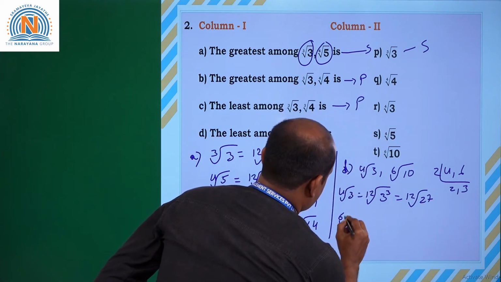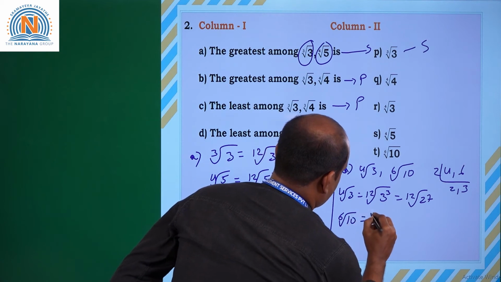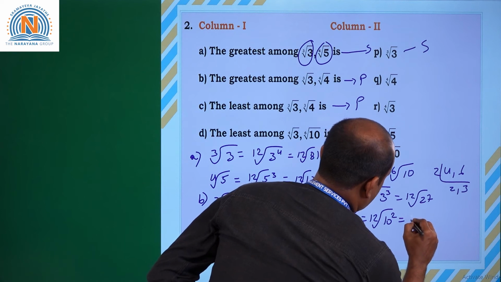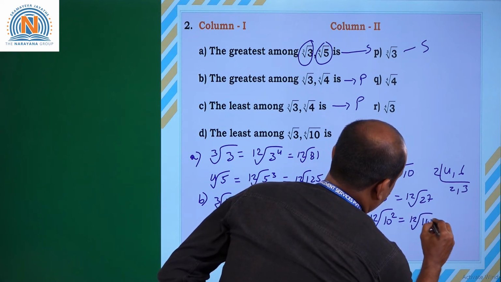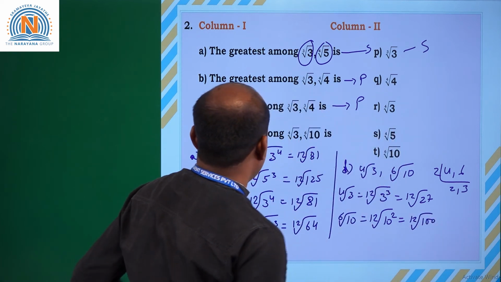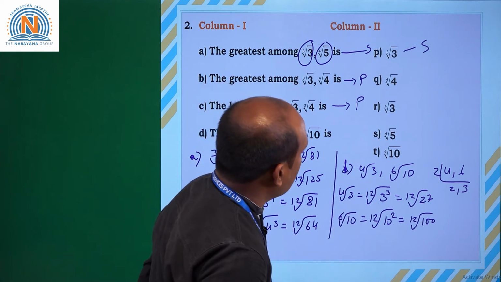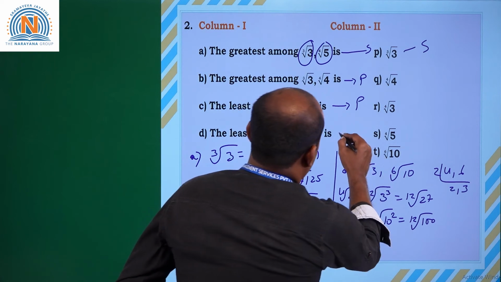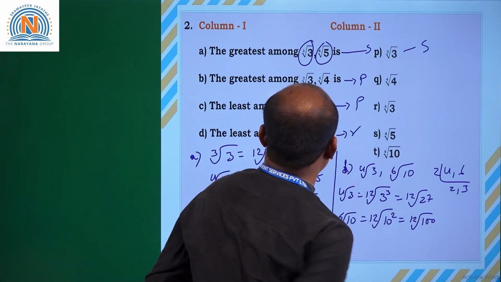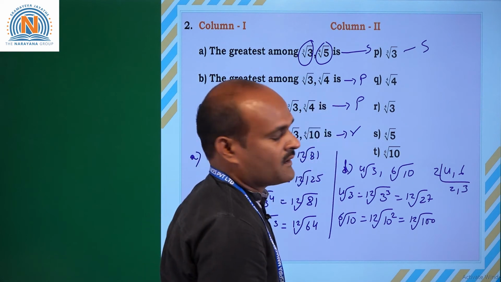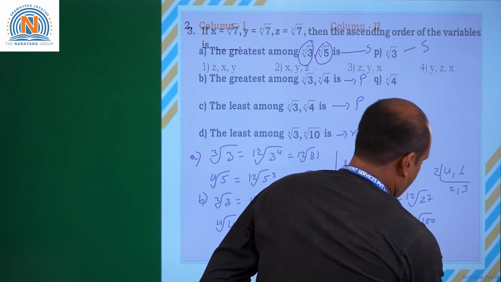And 6th root of 10 is nothing but 12th root of 10 square, that is equal to 12th root of 100. So least among these means fourth root of 3 is the least one. So for this, R is the correct answer. So S, P, P, R are the correct ones for this matrix matching.